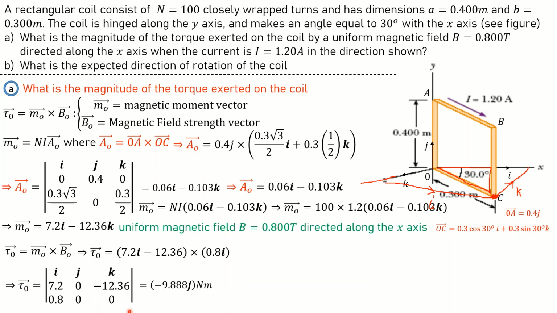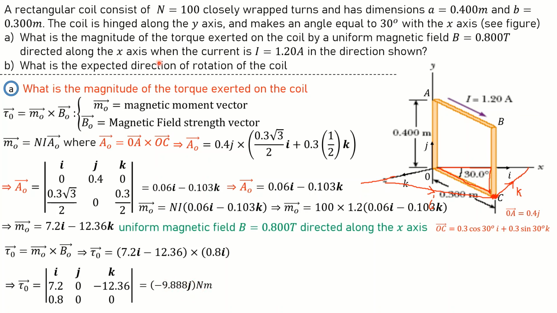We also use the determinant, and we get negative 9.888 newton meters in the j direction. So the magnitude is simply 9.888, because we square this quantity and take the square root, and you just get 9.888.